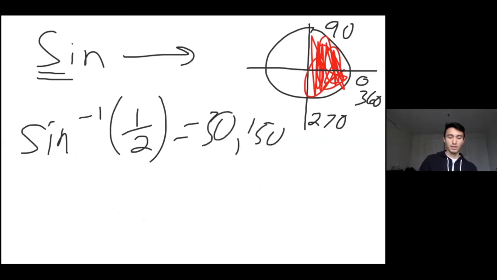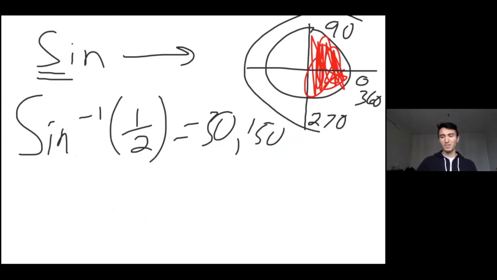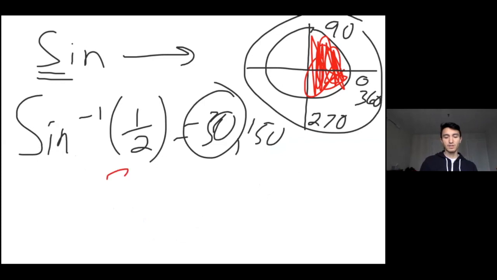But if I do capital S, like your book does, well, capital Sine means I can only do 0 to 90, like right here in the picture, or 270 to 360. So that means my only answer is actually 30. So my final answer is 30, or as we know, it's pi over 6.